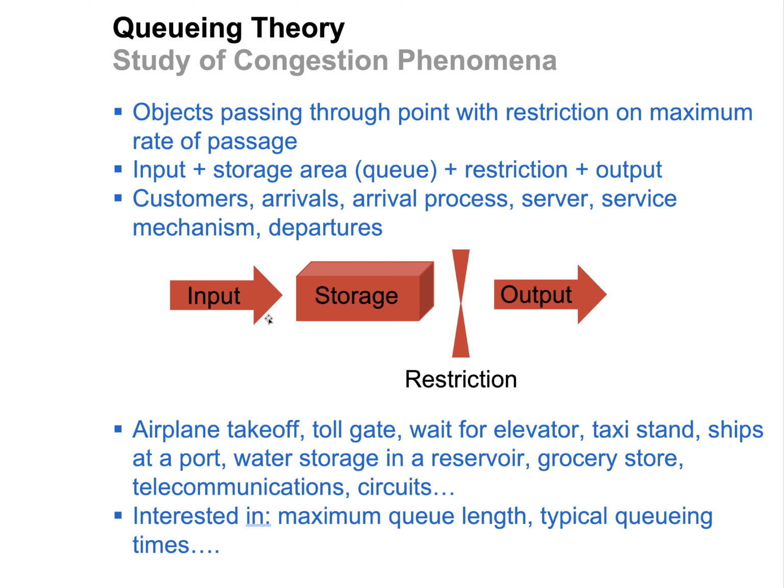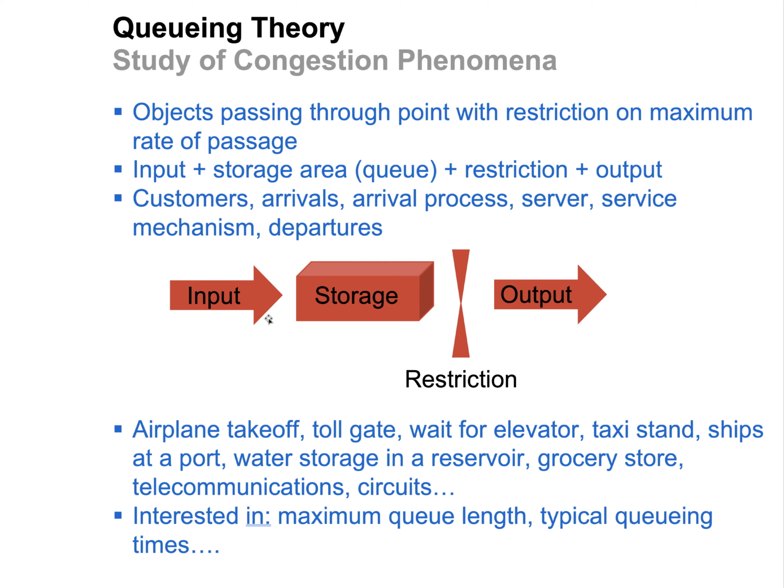And then once we observe that, that's the output process. So you have input, storage, a restriction, and output. And you can observe these processes. You can use standard models for these processes, and you can make some approximations as well.